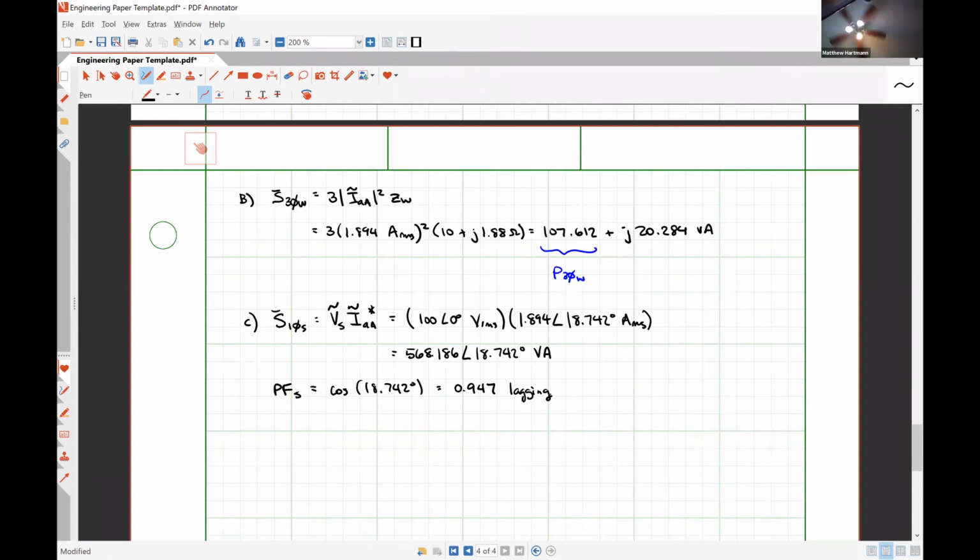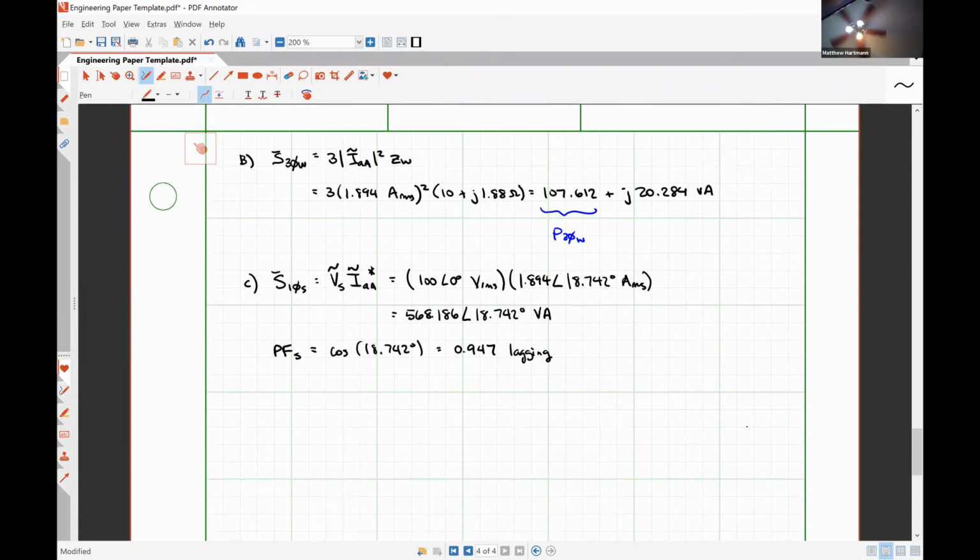Now, we could have gotten the power factor in a slightly different way. As an alternative solution, this one isn't any harder or easier, really.